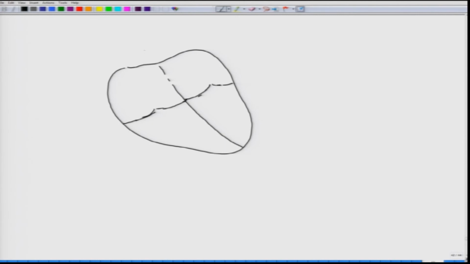If you consider this as the central line you drew previously, this is your right, this is your left.